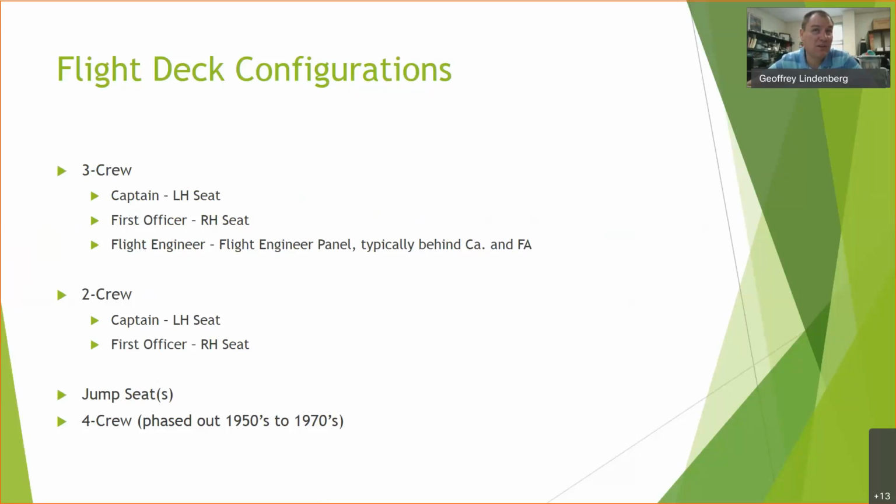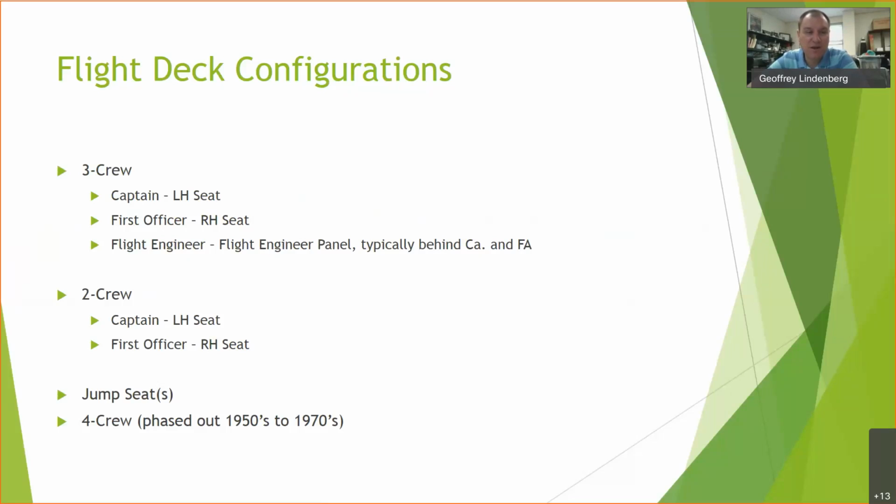The 727 has 2 jump seats. Most of your regional aircraft have a single jump seat, but they have to have a minimum of 1 to allow for that. There were aircraft, and you don't see these at all really anymore, that did use a 4 crew configuration, and we really don't worry about that too much anymore.